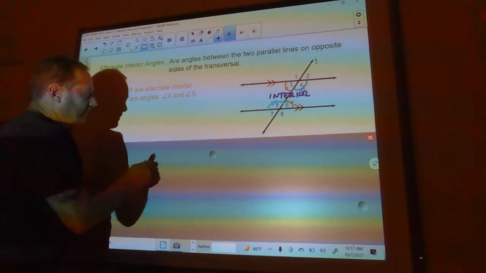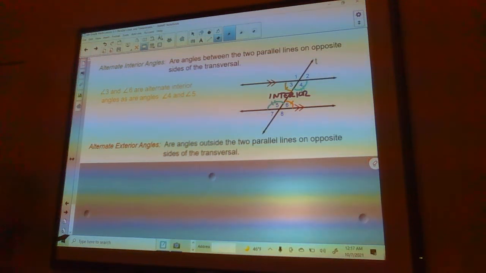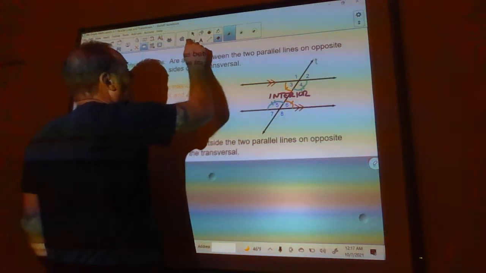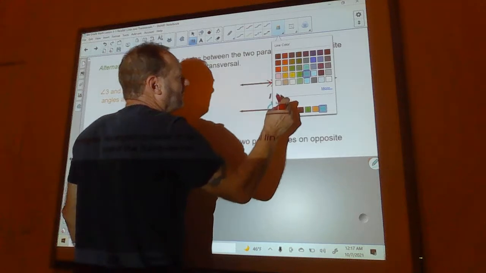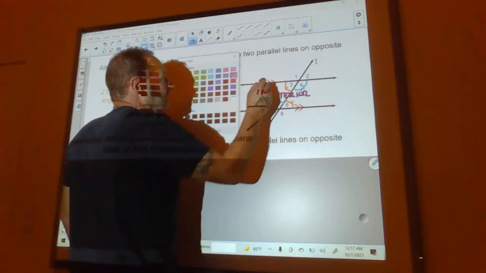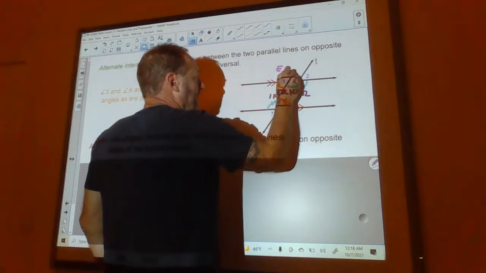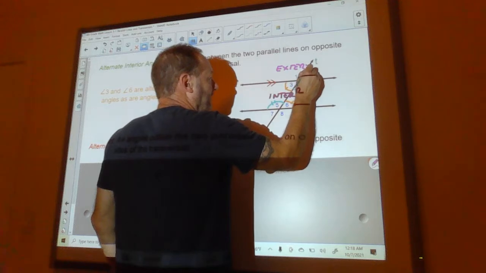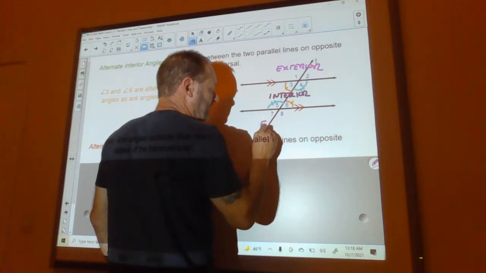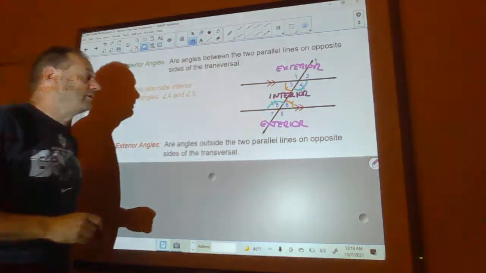Now we also have something called alternate exterior angles. Exterior means outside. So if we're talking exterior, these two angles up here are exterior because they're on the outside of the parallel lines, and these down here are exterior as well.